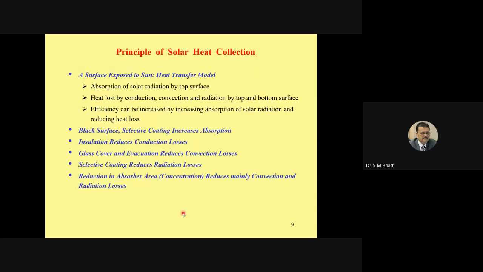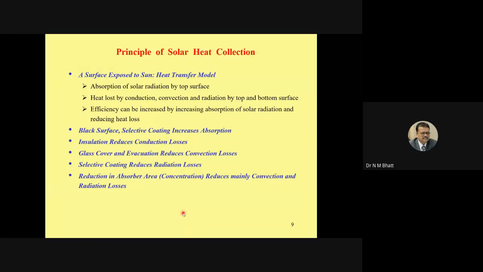If you have a flat plate collector, the first thing we need to understand is that there would be absorption only from the top surface, but there will be loss by conduction, convection and radiation from the top and bottom surface. So the absorption area is single and the loss area is double. So the first penalty comes from the loss area.